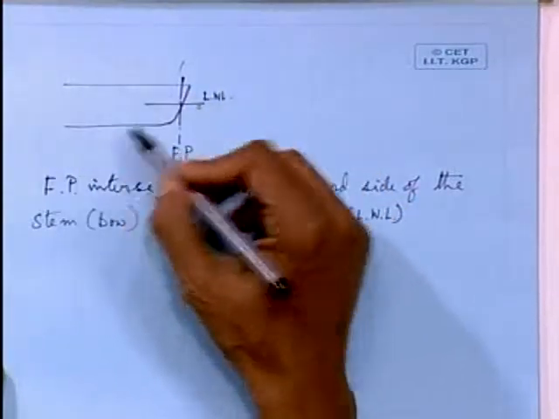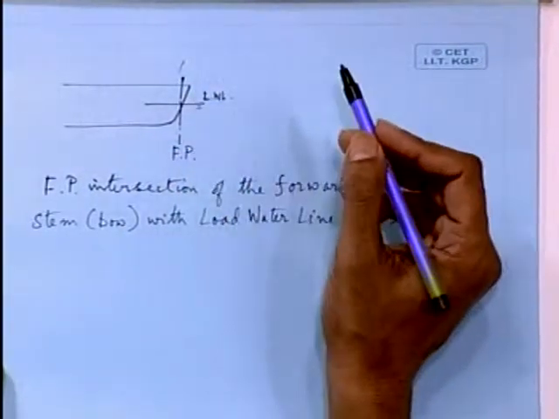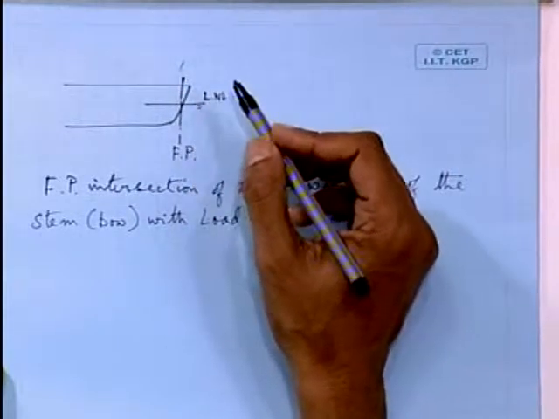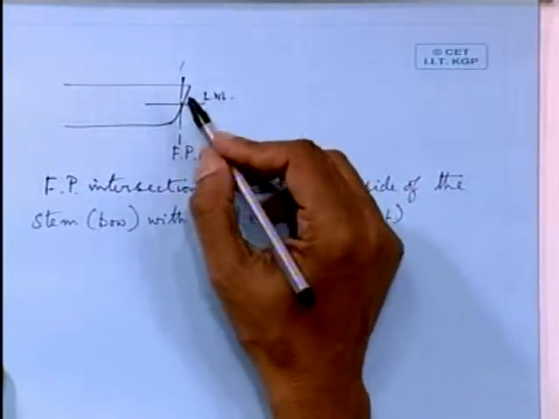I mean, in practice, by practice it is coming. Why? Because it is easy to see the intersection of the load water line with the forward end of the stem from outside. But if you want to make any calculation which are based on hydrostatics and stability, you are basing your calculations on the dimensions inside the shell.